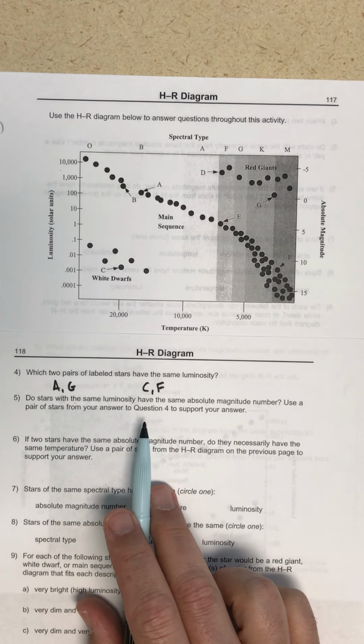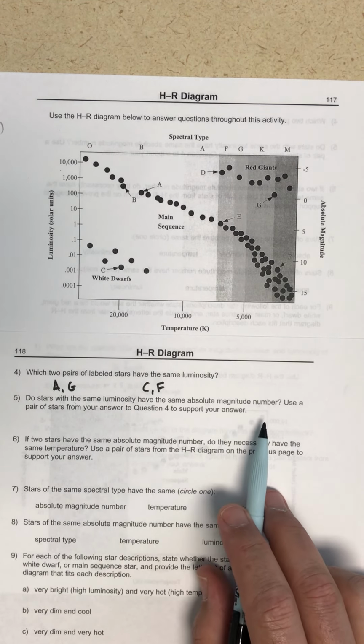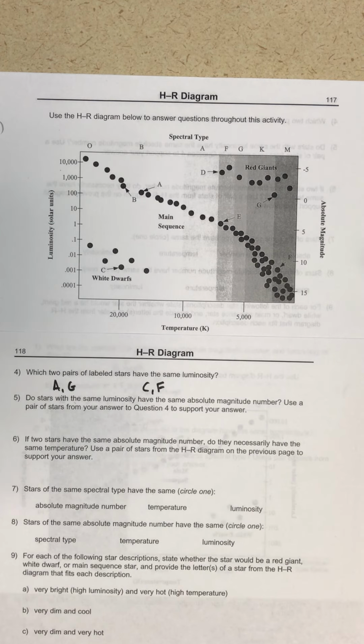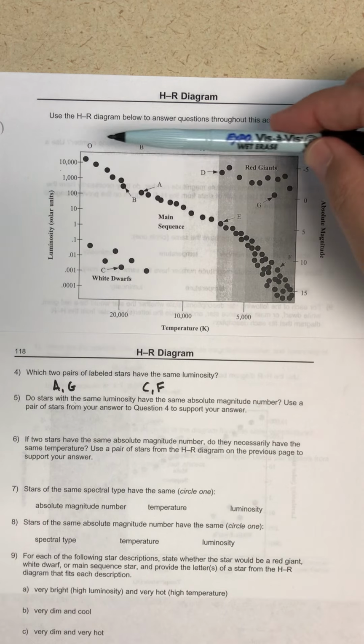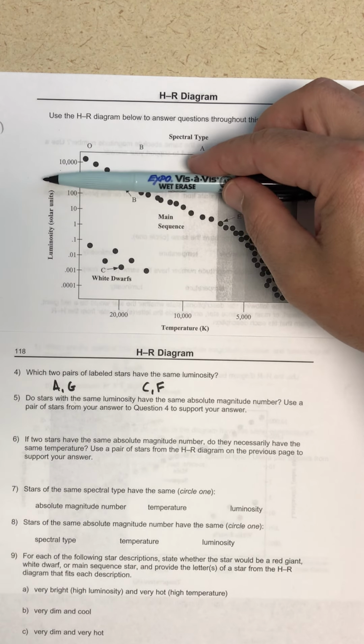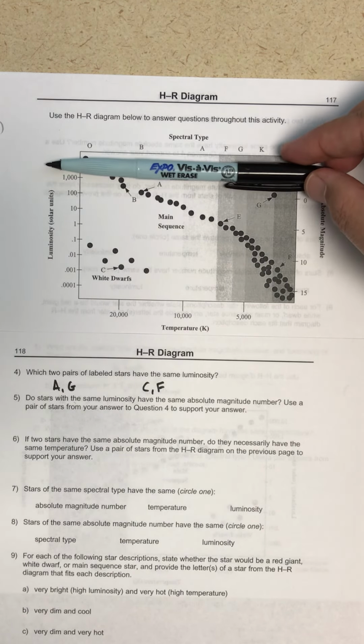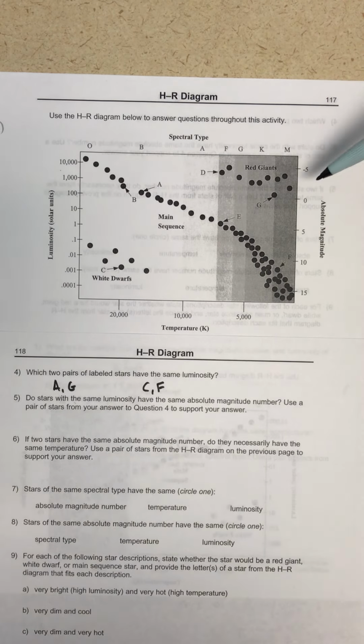Do stars with the same luminosity have the same absolute magnitude number? Yes. For example, A and G are both corresponding to about 0.